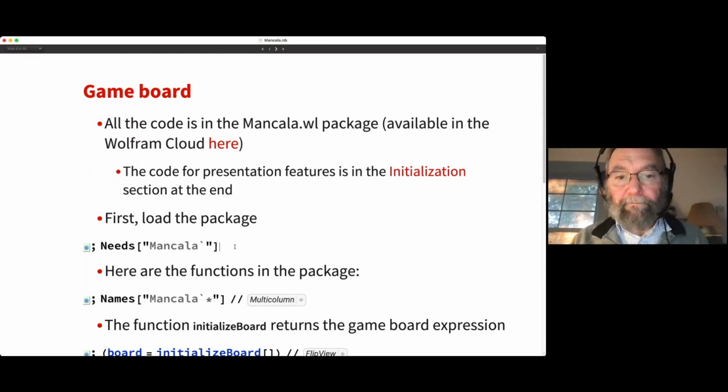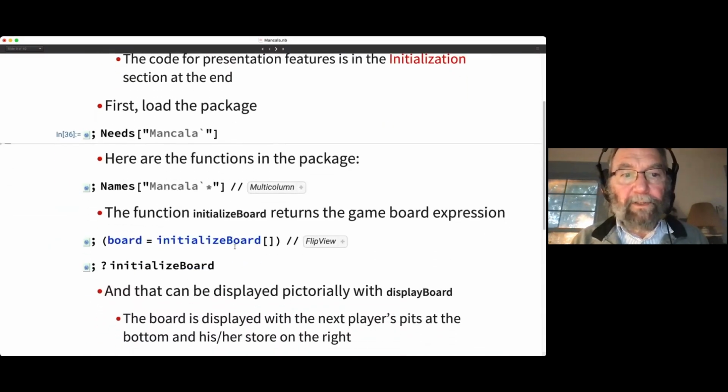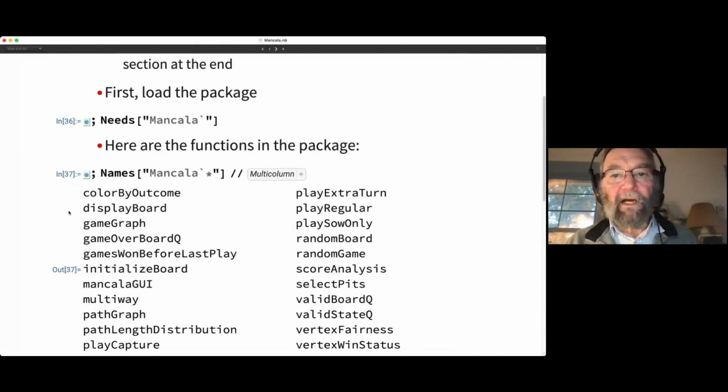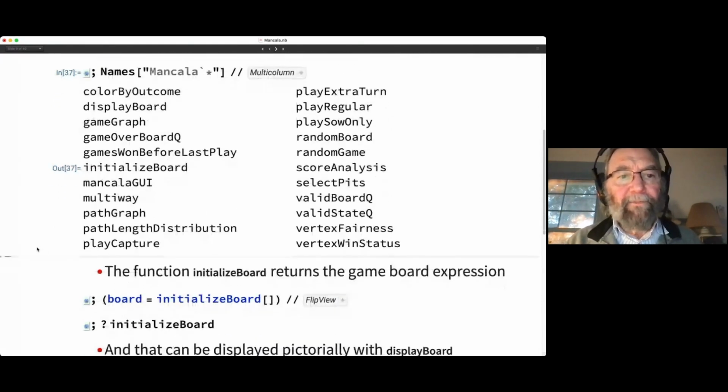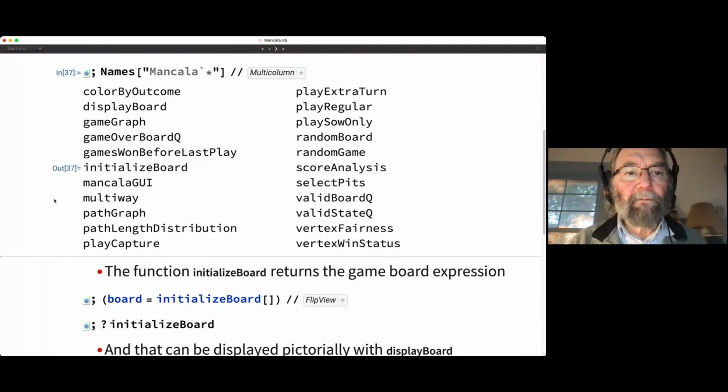Okay, so the first thing to do is to load the package so we can play. And these are all the functions in the package that let me play the game. The main ones that I'm using are Multiway, which plays the game for a given board setup.